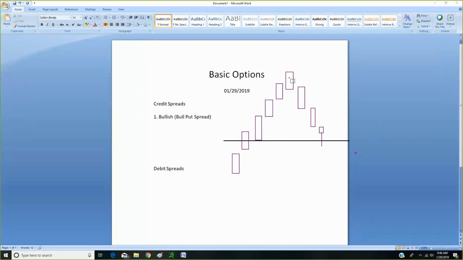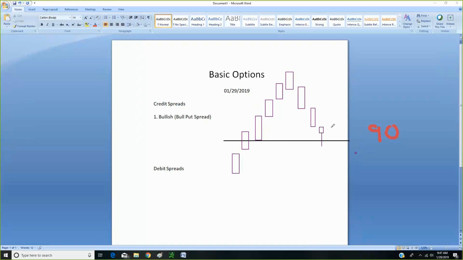So if I see this beautiful picture and it's a higher low, then I can go in and sell a bull put spread. Let's say the stock right here is at $90. What I'm trying to do is sell a leg that's underneath support.